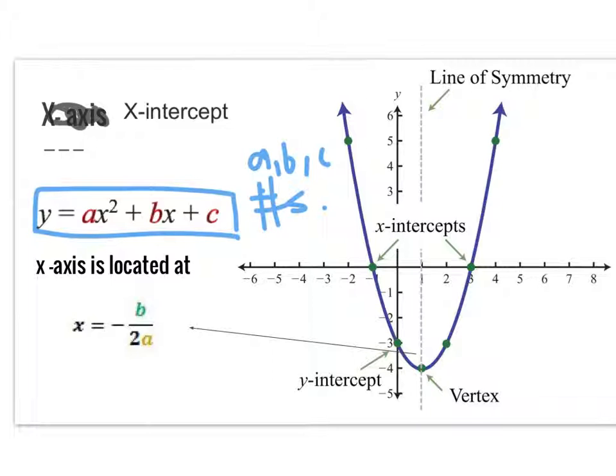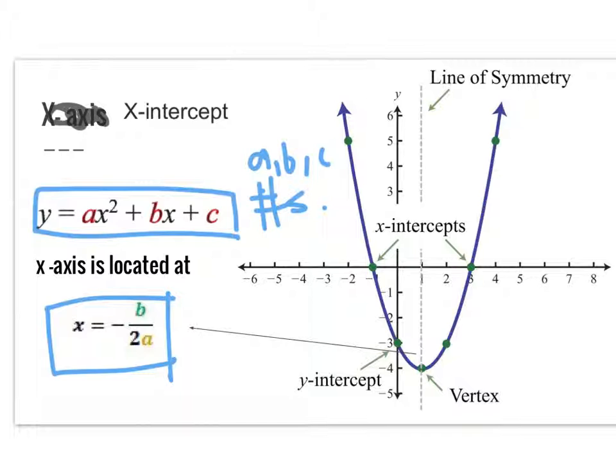Just like the same concept, our parabola could be cut into exact halves, where they're going to have the same distance from here to here, here to here. So we call it a line of symmetry because they are symmetrical. And there's a way for us to figure out where the line of symmetry is located, and our equation is given right here.